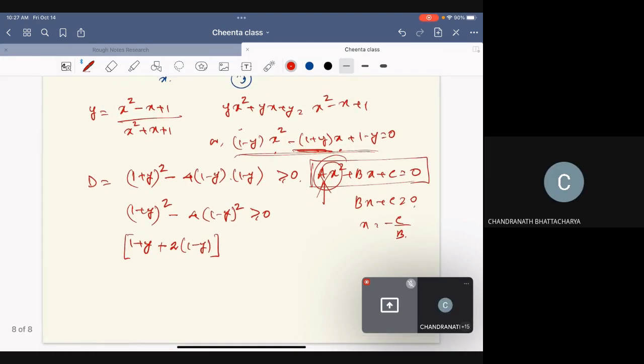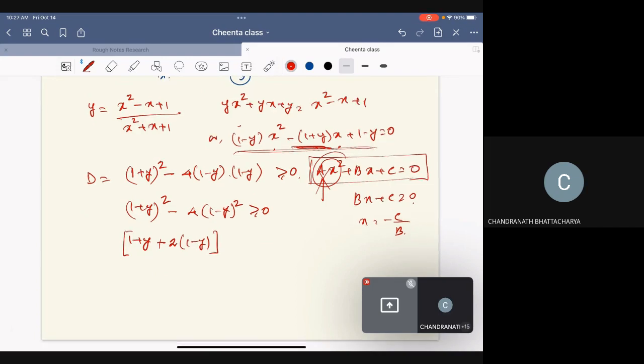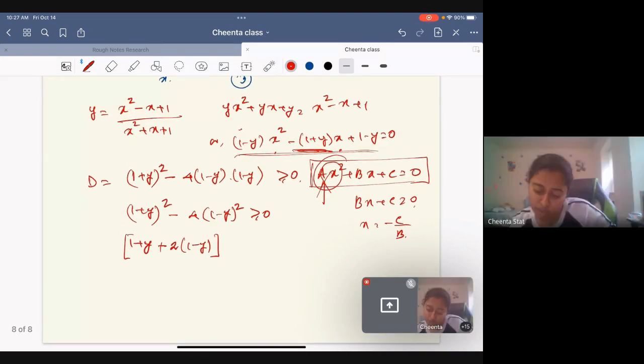Ma'am, we can think. Yeah, then let's do one thing. If y is not equal to 1, then after solving this we get a range of 1/3 to 3.